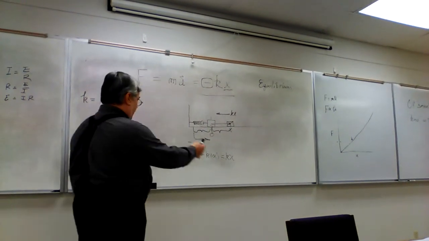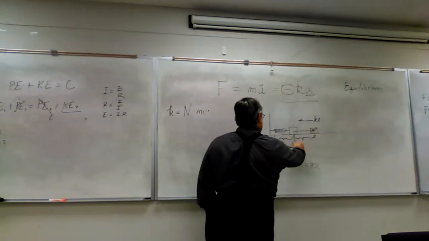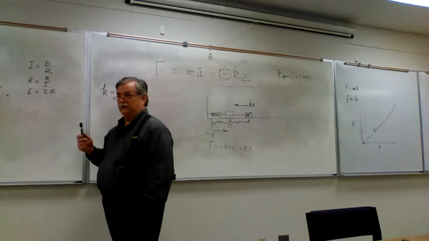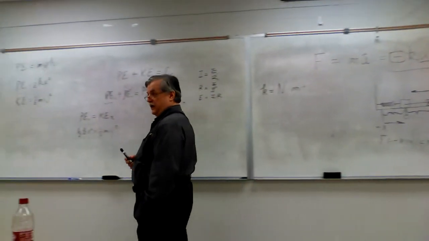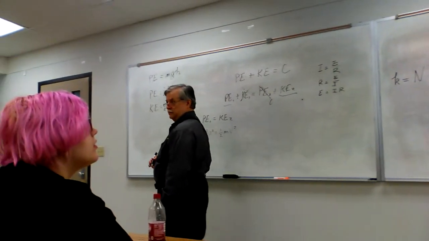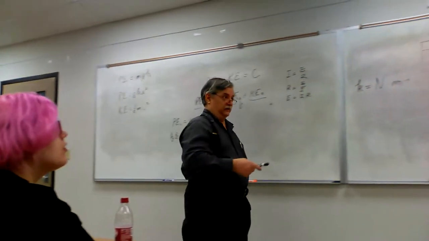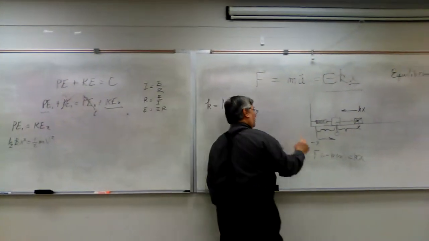No. Once it moves past equilibrium into a negative displacement, what does that tell you about the force that the spring is now going to exert? The force will now be positive, pushing it back towards equilibrium.